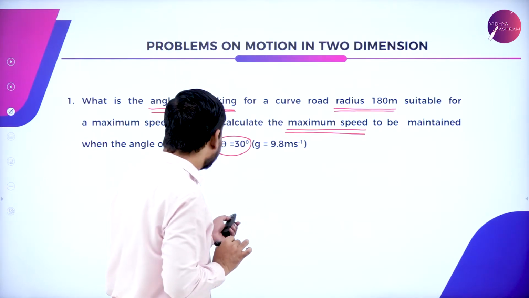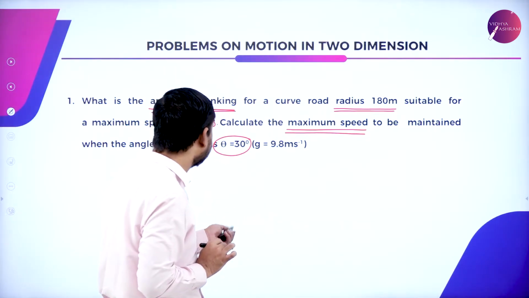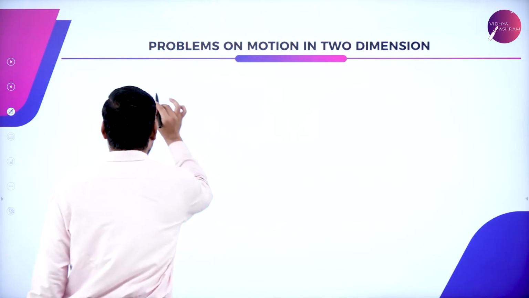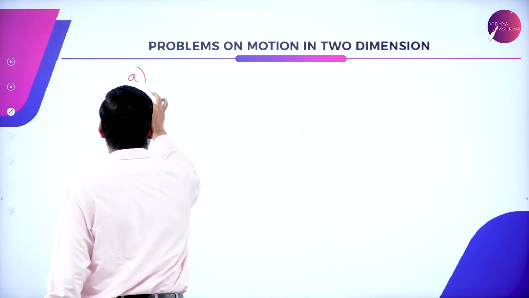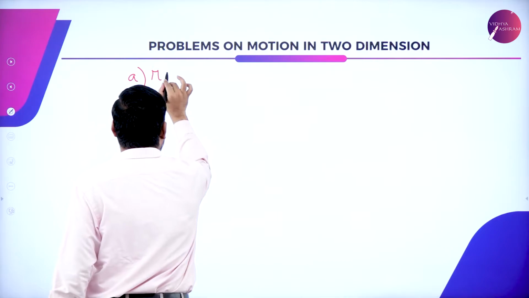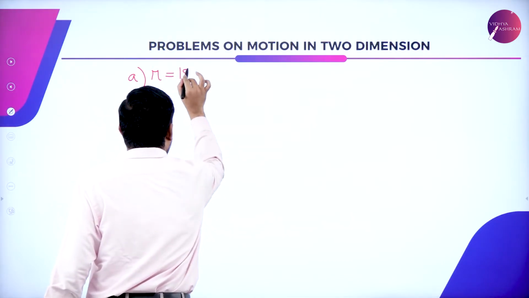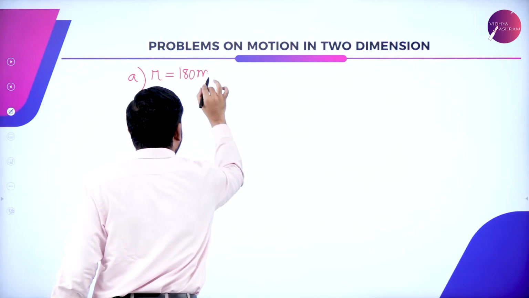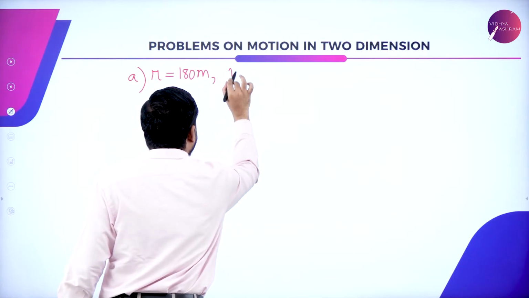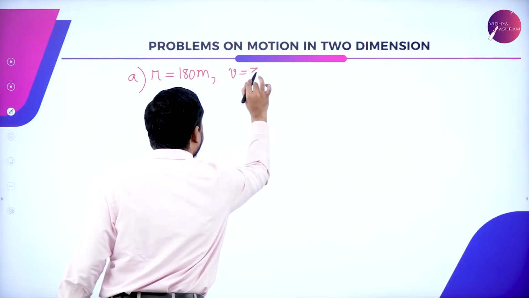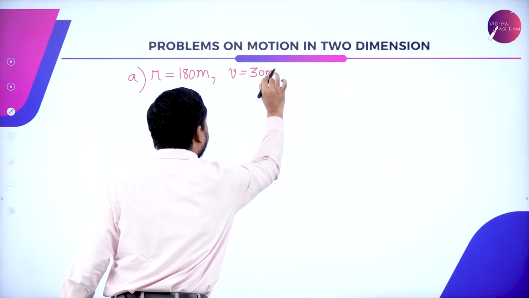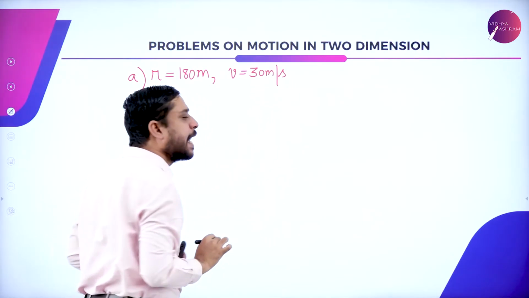So in the first part of the problem, radius is 180 meter and the maximum speed is 30 meter per second.